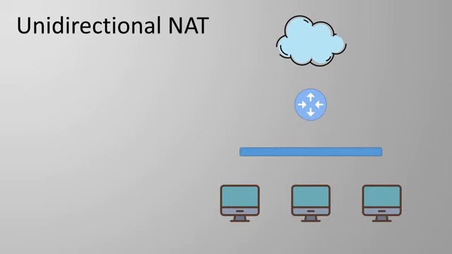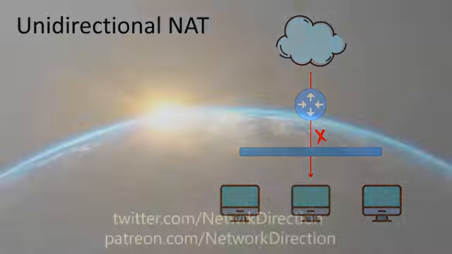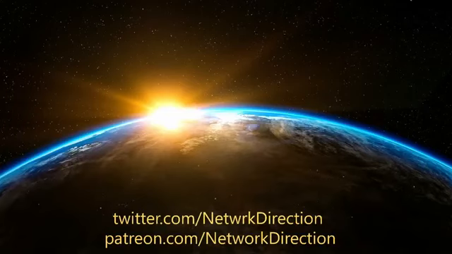Because the router builds its table of port to IP mappings dynamically as connections are needed. So if someone tries to connect to a workstation from the internet on a particular port, it's highly likely that that port is not already in the translation table. This concept is a bit complicated, but the key point is this. For unidirectional NAT, the initial connection will only work in one direction.